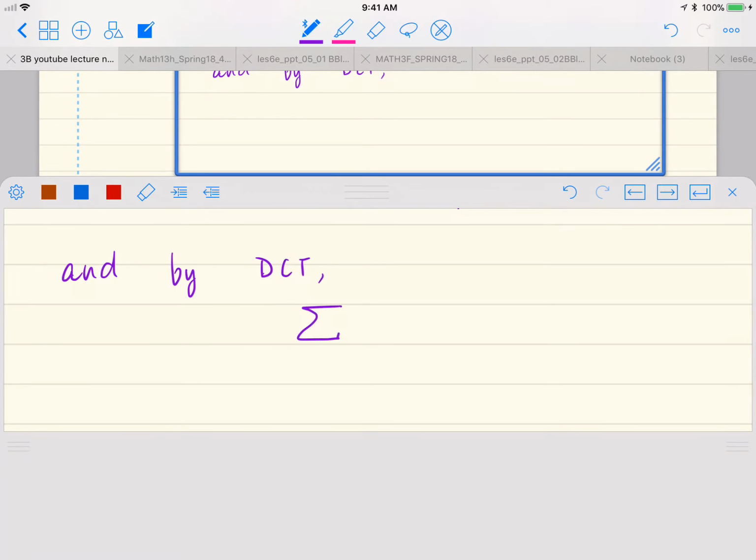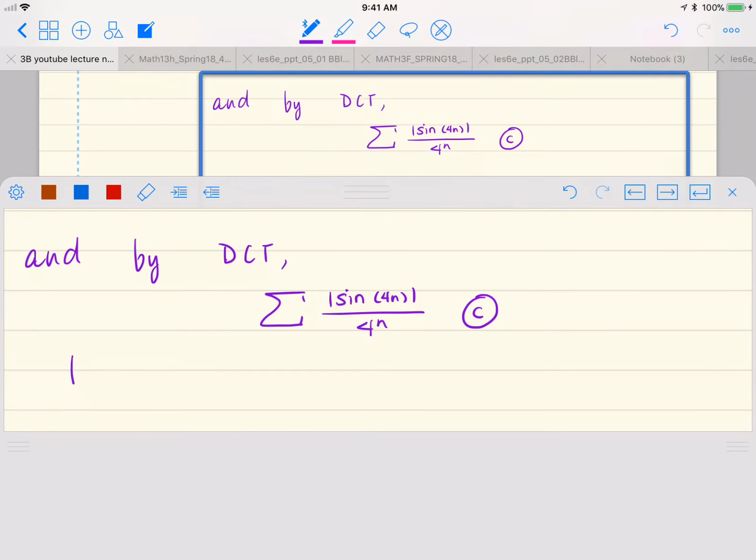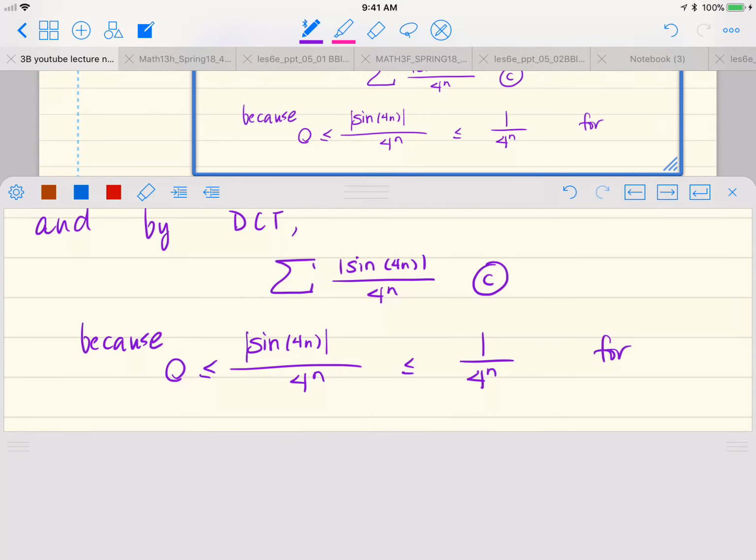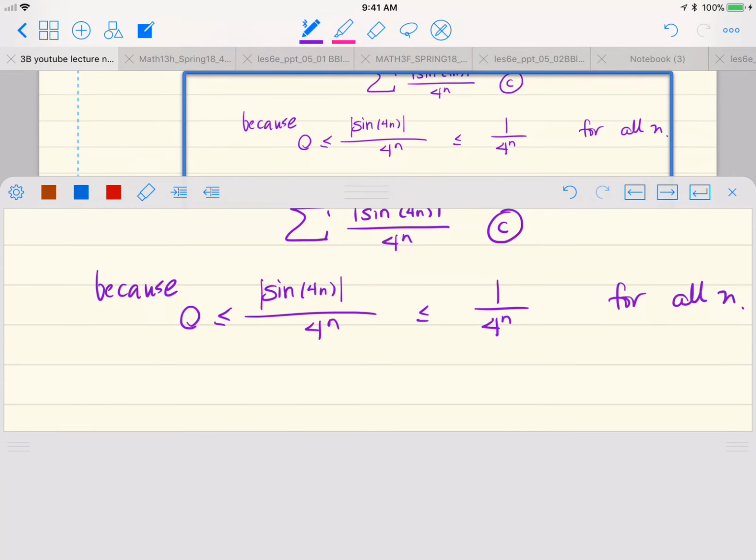our series with the absolute value of sine 4n over 4 to the n converges because the absolute value of sine of 4n over 4 to the n is less than or equal to 1 over 4 to the n and greater than or equal to 0 for all n, right?